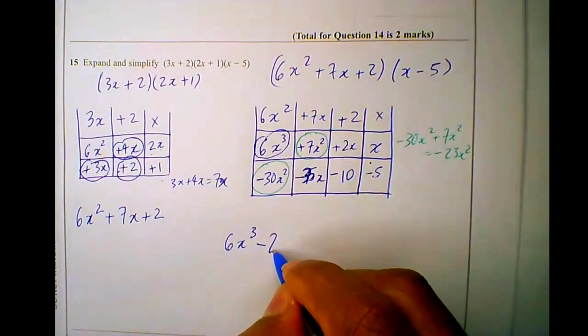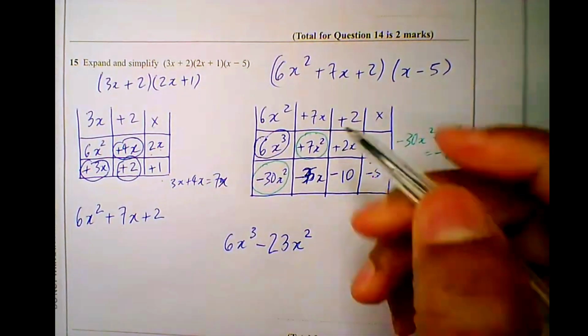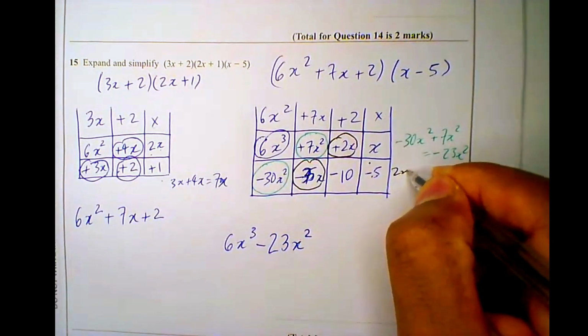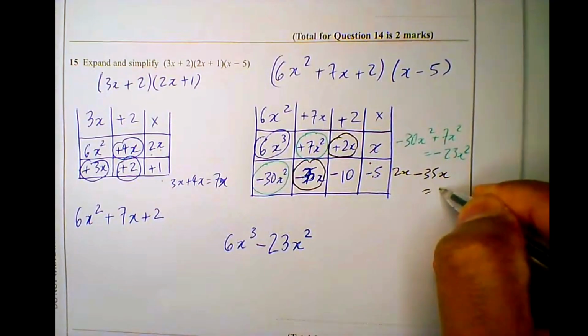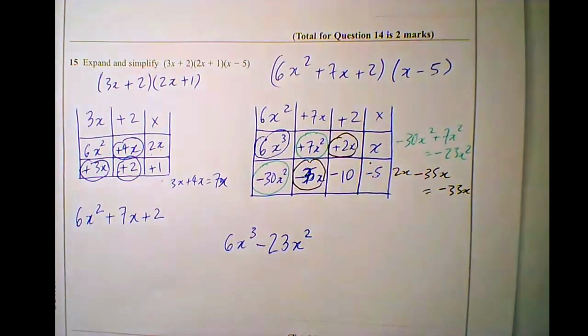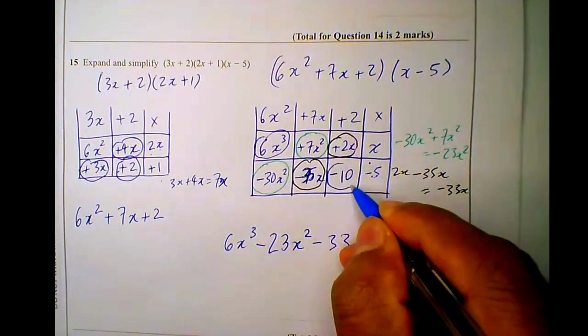So minus 23x squared. And I've got my next one, which is my x terms. 2x take away 35x gives me minus 33x. And then I have my last term here, which is minus 10.